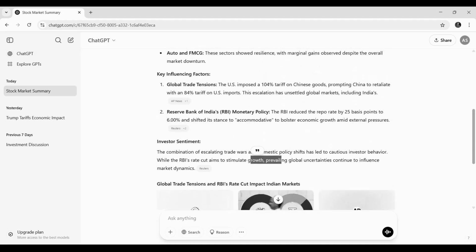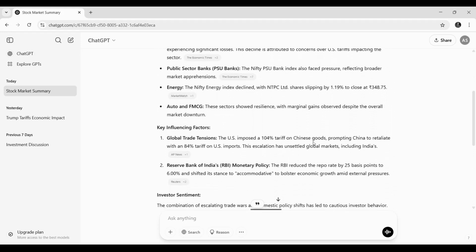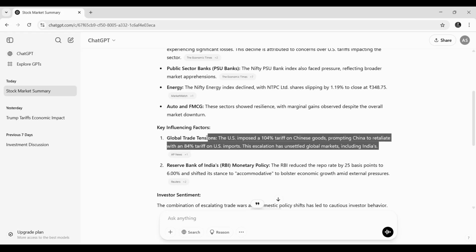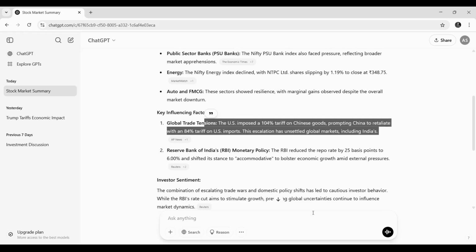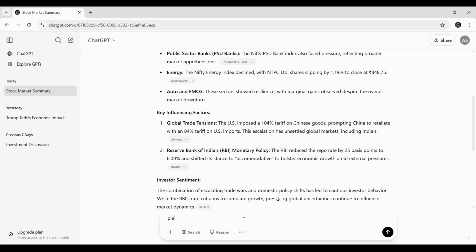Okay, now let's say we want to know more about this point here, global trade tensions. So what I will write here: please explain your first key influencing factor, which was global trade tensions, in detail.